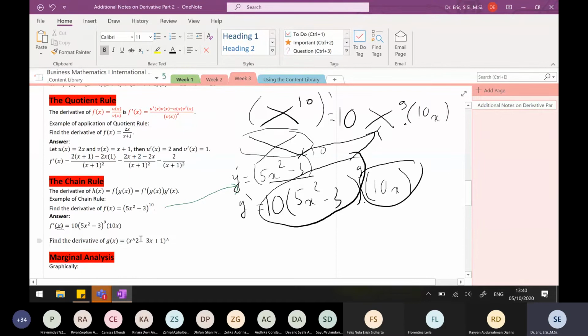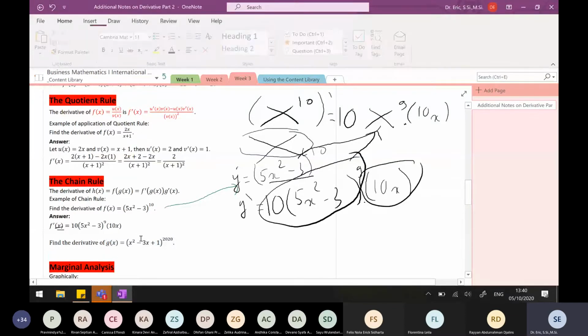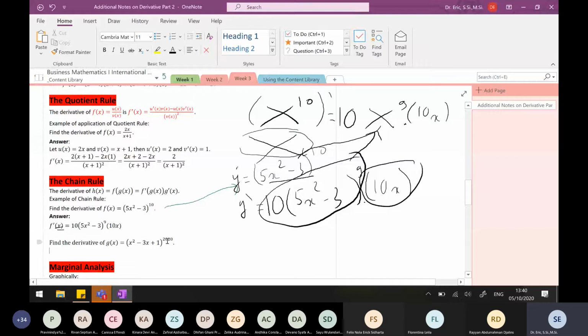Maybe today's year, 2020. I want to find this derivative. Yeah, I can multiply it 2000 times, but it's silly, I think. So what is the answer for this, Raka Fatin?